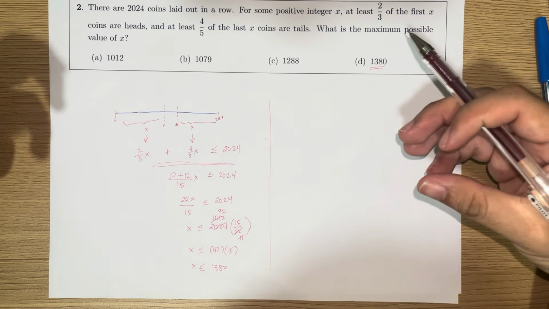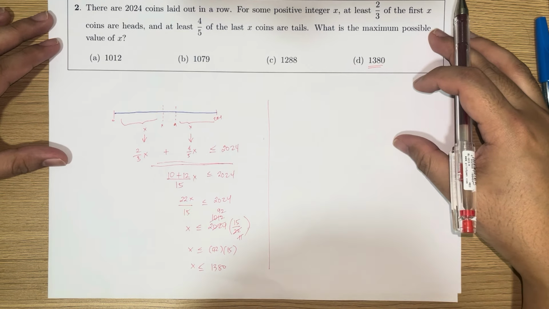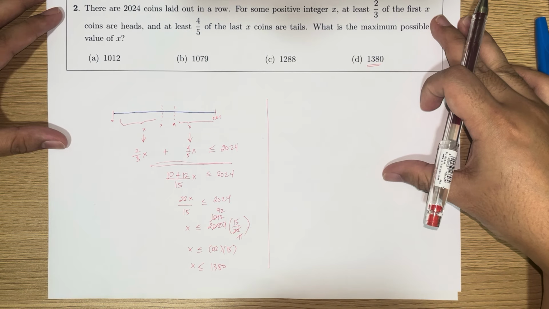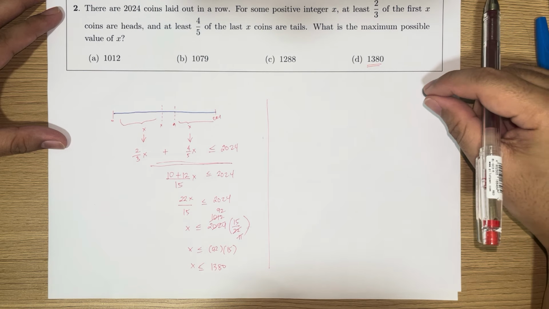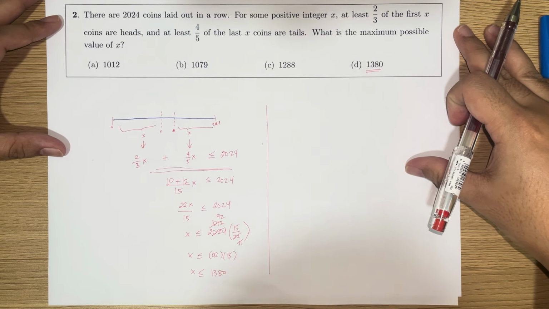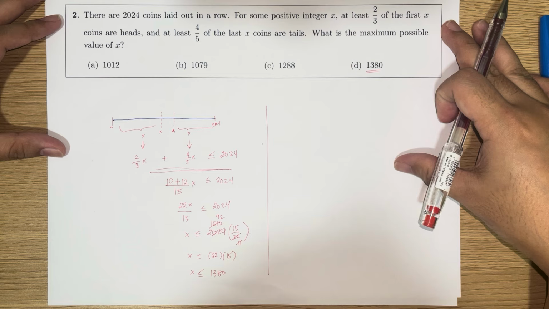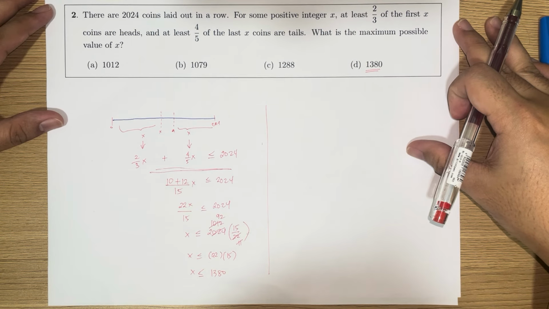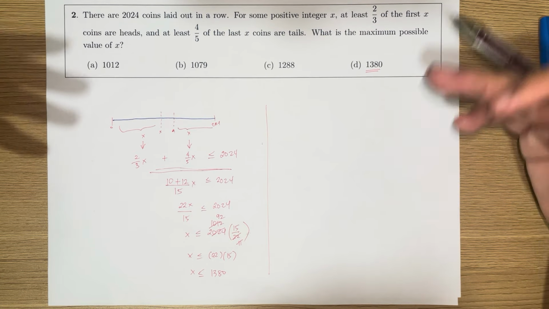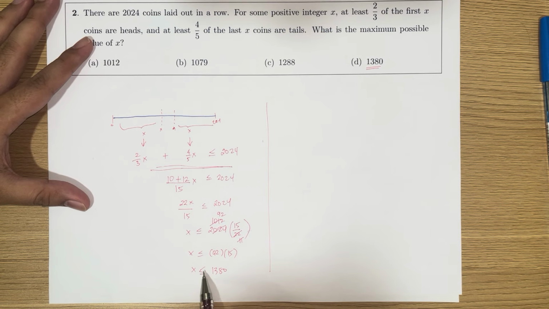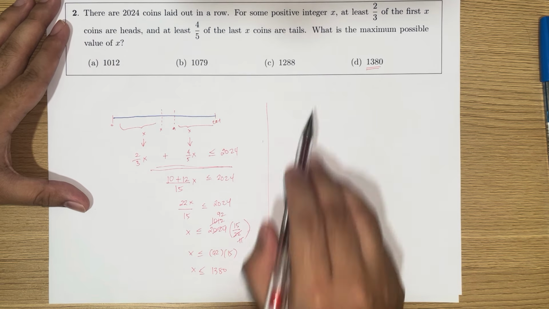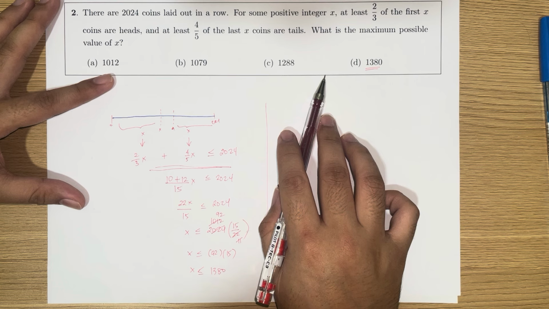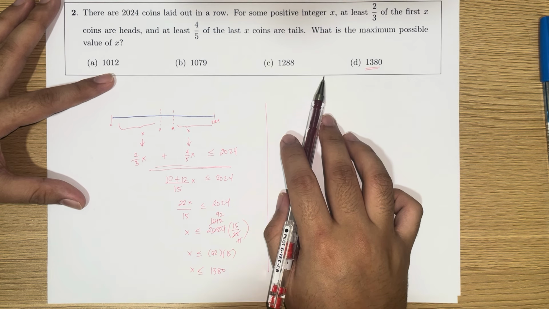Whenever you set up this kind of inequality, the final step, once you get the solution to the inequality, is to always show that the equality holds for some value of x. Because while it is true that you have shown that x is less than or equal to 1380, all of the choices in the question are values less than 1380.